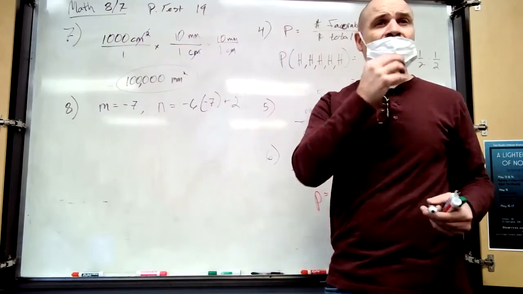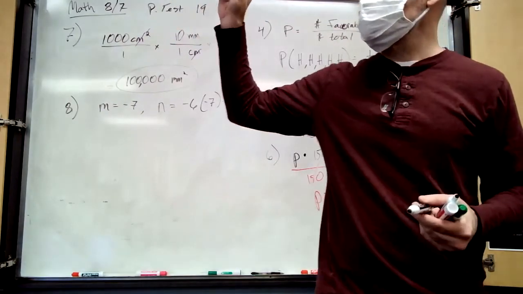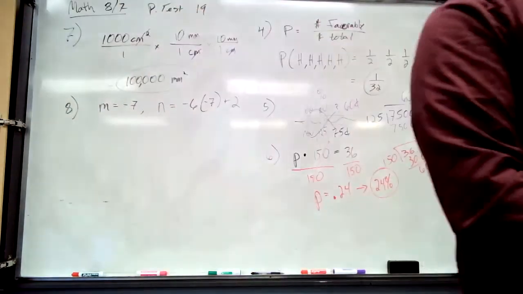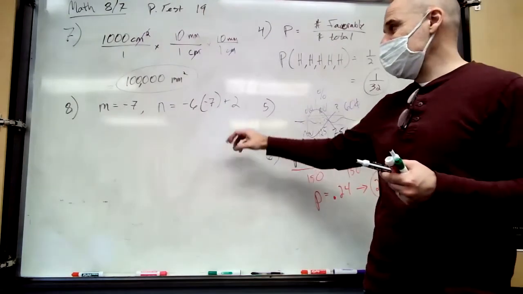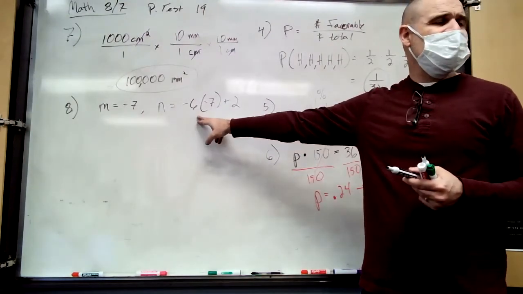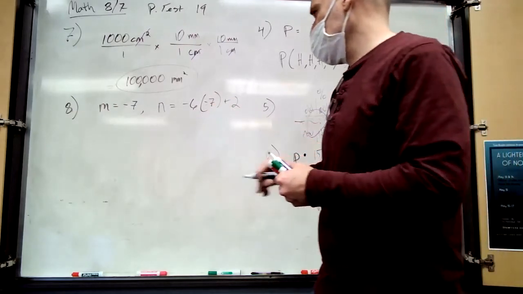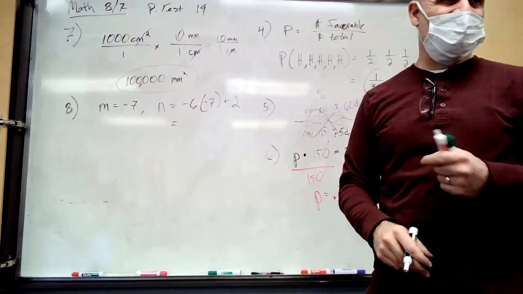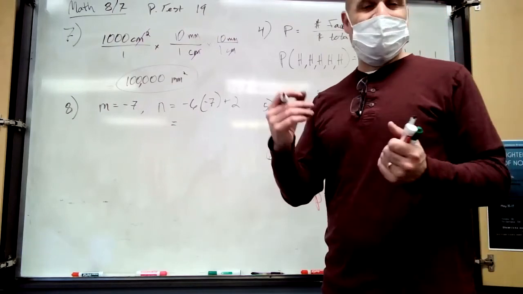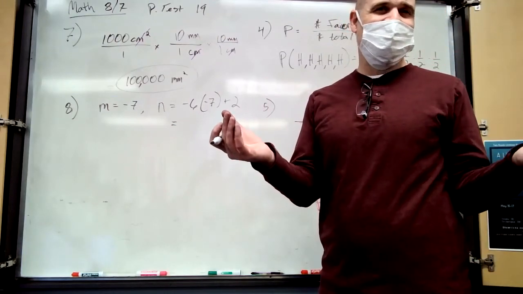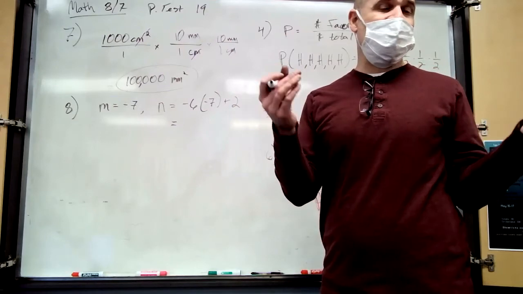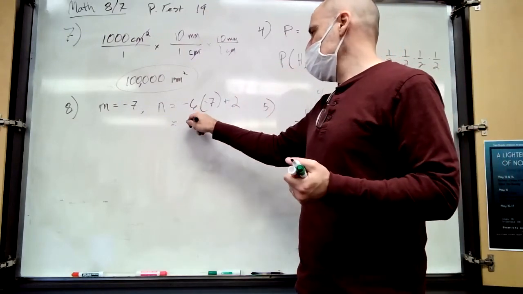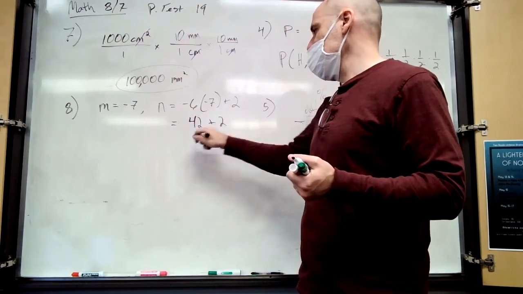So all I did was plug in -7 for m in that second sentence. What's -6 times -7? -42? Not negative, positive. Remember, a negative times a negative gives you a positive, but when you add 2 negatives, it stays negative.